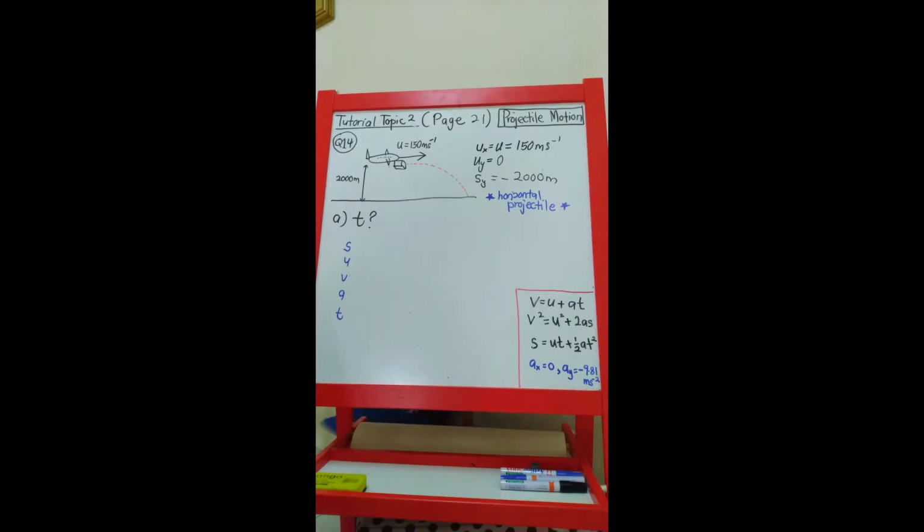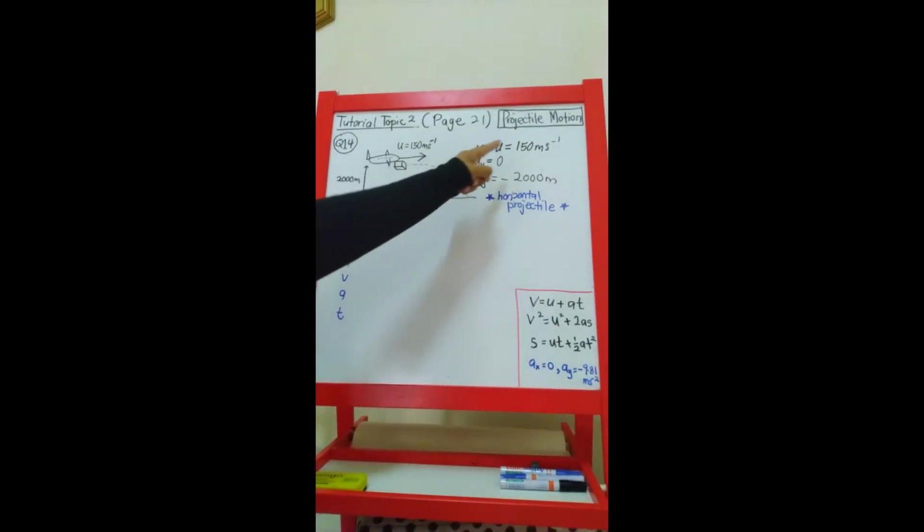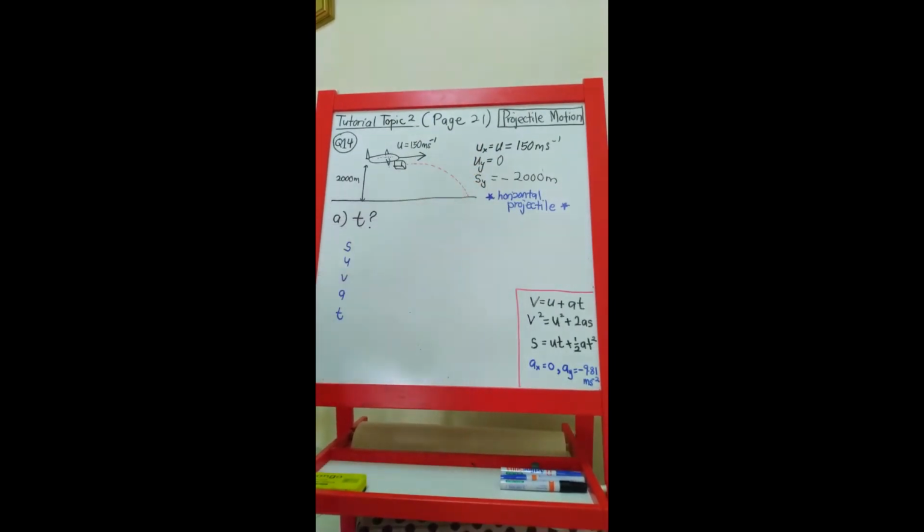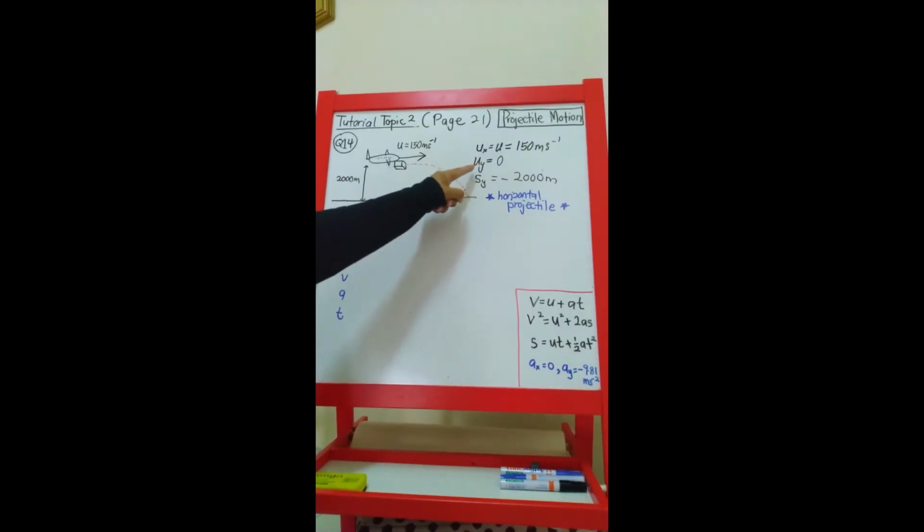So part A, it asks you how much time for the box to reach the ground, so t. Okay, so let's do SUVAT analysis. Which component are we going to use? Because we have ux, we have uy, and we have sy, the most suitable is actually y, because we have uy and sy, but we don't have sx.